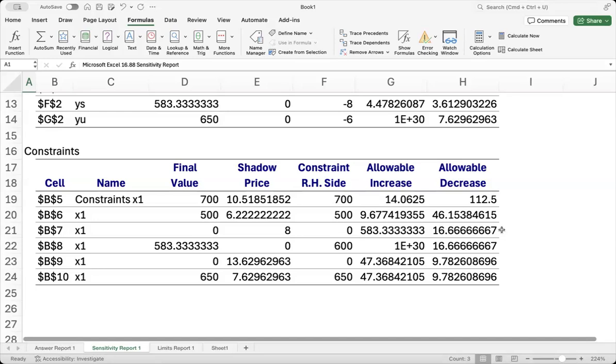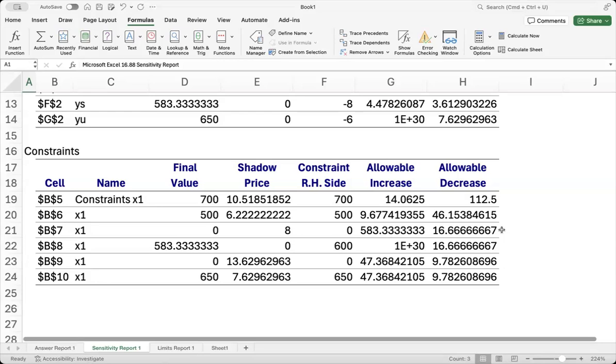So which constraint is the most sensitive to the objective function? Which one? Yes, this one, right? This fifth constraint. That means if we change the right-hand side of the constraint by 1 unit, it changes 13 point something, right?